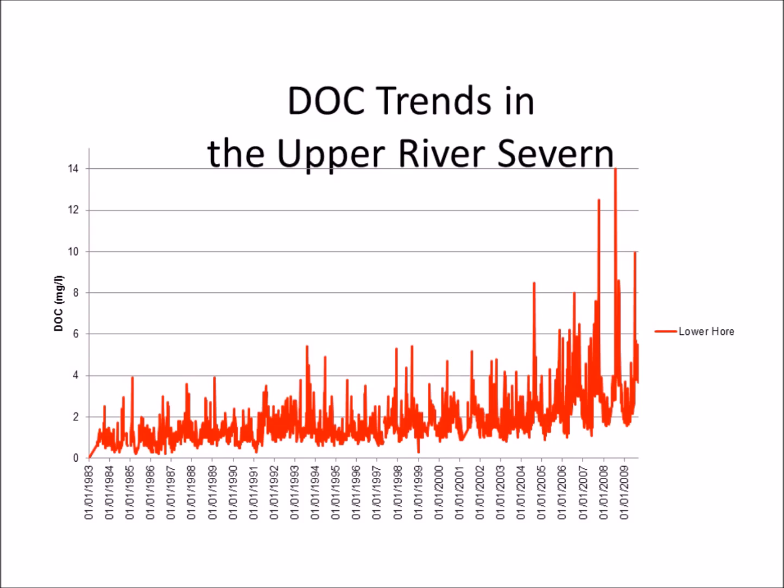It's important because water companies have to supply water at a high quality. If you mix chlorinated water with high DOC, you get some very nasty carcinogenic chemicals produced. So that means that there's an extra cost that the water companies have to pay to actually remove this dissolved organic carbon prior to treatment.